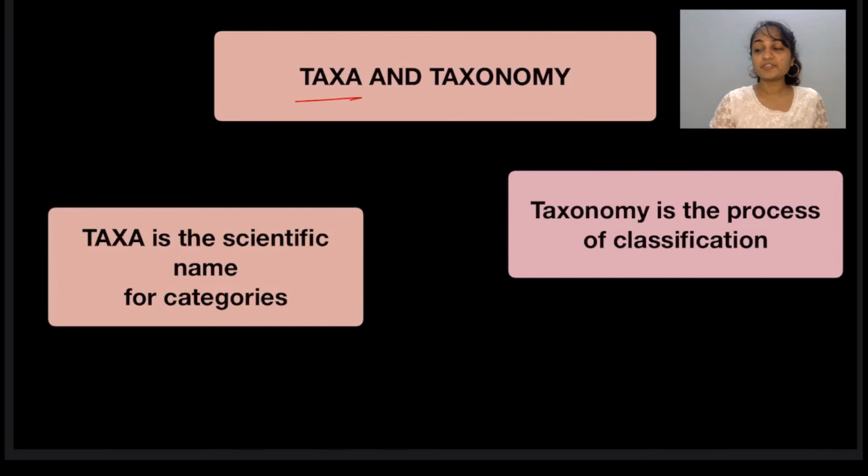The scientific name for the categories is taxa. And derived from this, taxonomy is the process of classification. This exercise of grouping living things based on some common characteristic and assigning these categories is called taxonomy. Basically, in simpler terms, it is the process of classification.